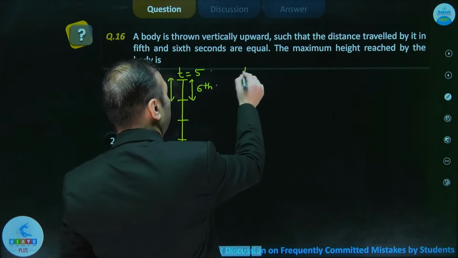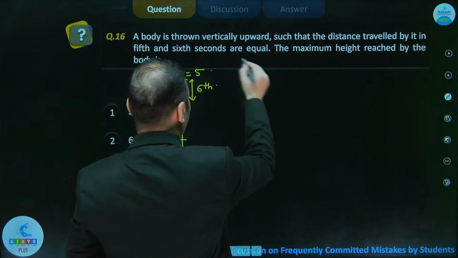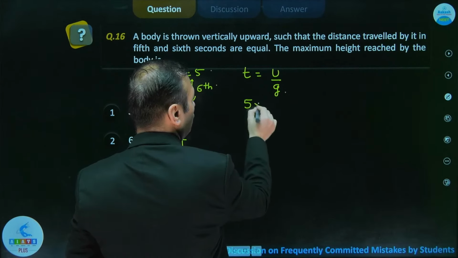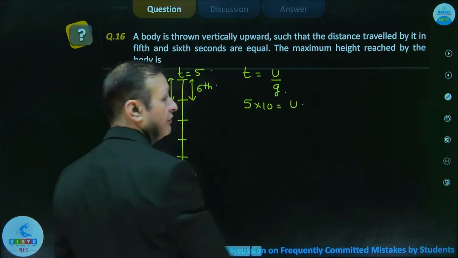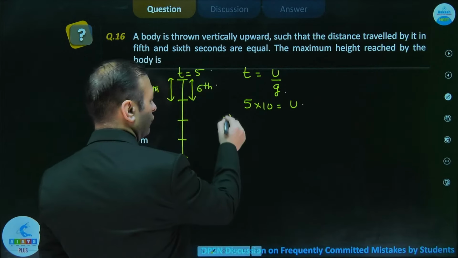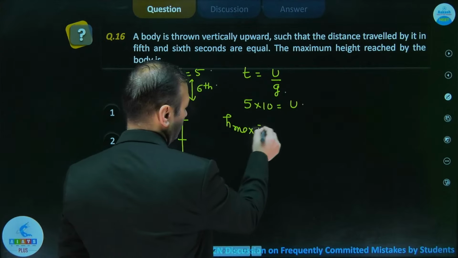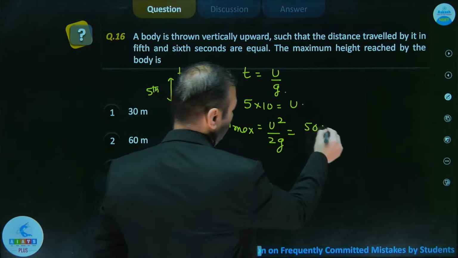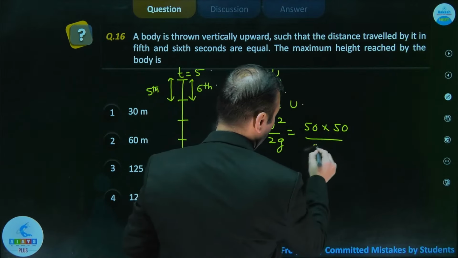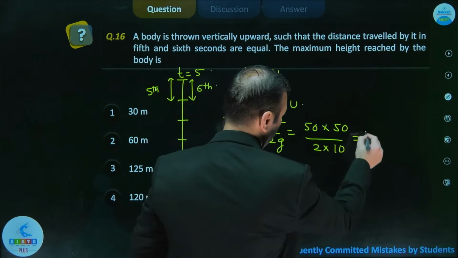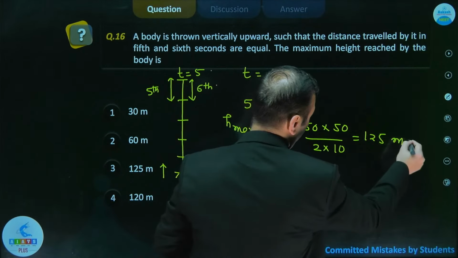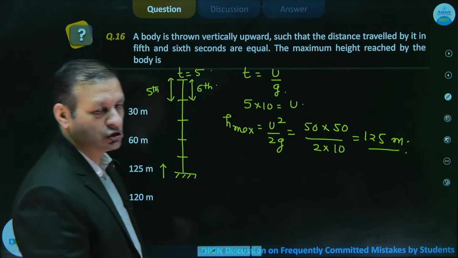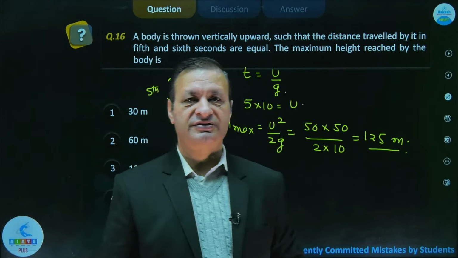So the time taken by the body to reach its maximum height is u by g. So this is 5 into 10, so u is 50 meter per second, and for the maximum height we know the formula u square by 2g. So this means 50 into 50 by 2 into 10, and that gives you 125 meter as the maximum height reached. So this is also a quite easy and interesting situation.